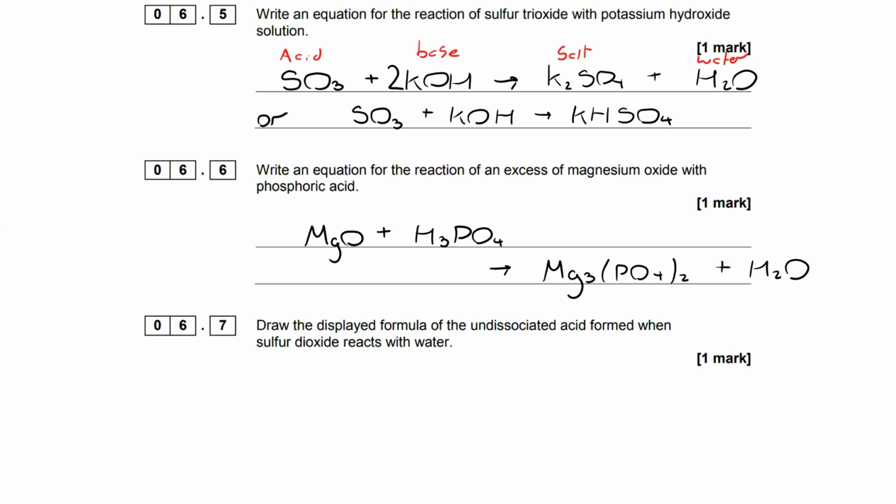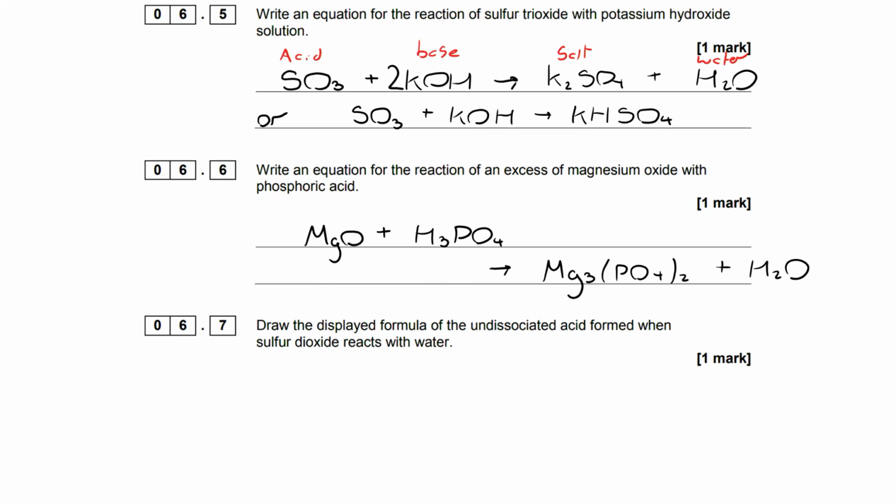Now, again, when I look at this, this is an acid and a base, so I'm going to make a salt and water. Now, my salt is going to be magnesium phosphate, because phosphoric acid makes phosphate ions, and the start of a salt name comes from the metal in either the base or the acid or the metal on its own when we do them.